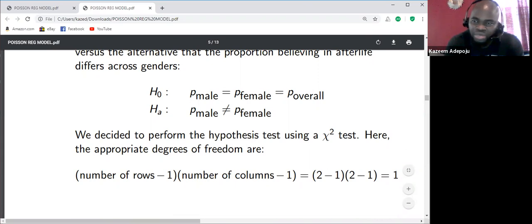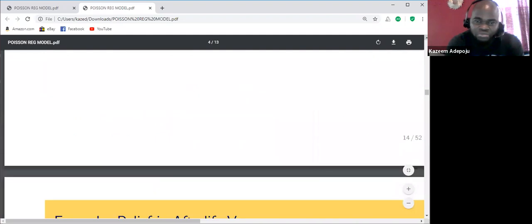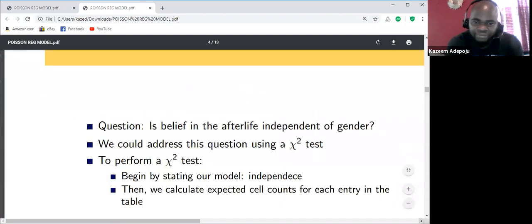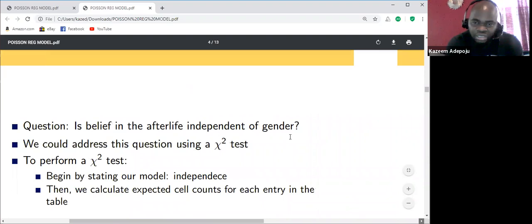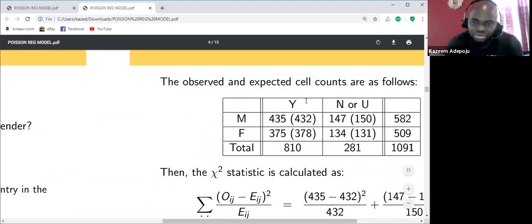If you take a look at what we're doing right here, how many rows? It's going to be 2 rows, and 2 columns. Male and female has 2 levels, and of course yes, no, or undecided, we put this together. So 2 by 2, 2 rows, 2 columns.